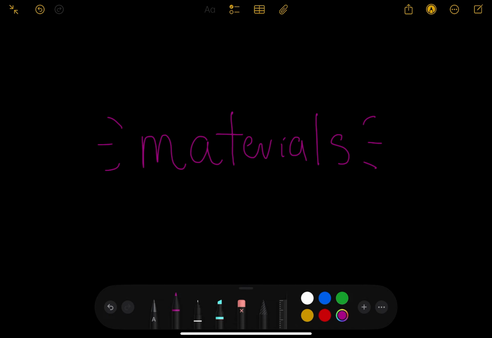The density of a substance, I'm just going to bring out my pen. Density is defined as mass per unit volume, or mass over volume.